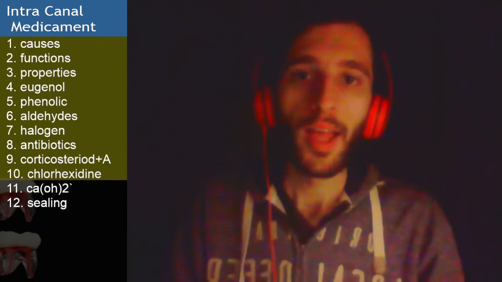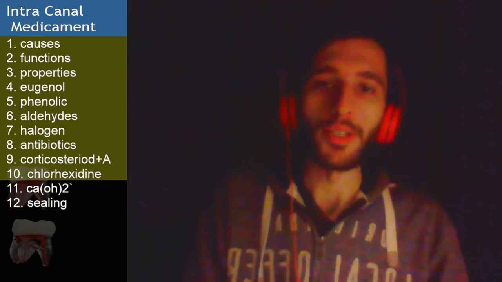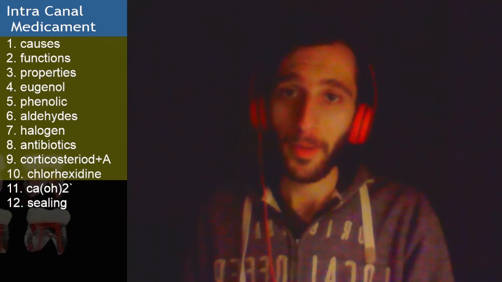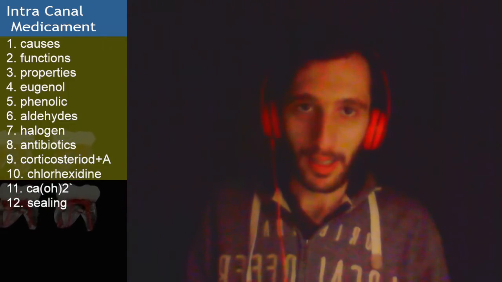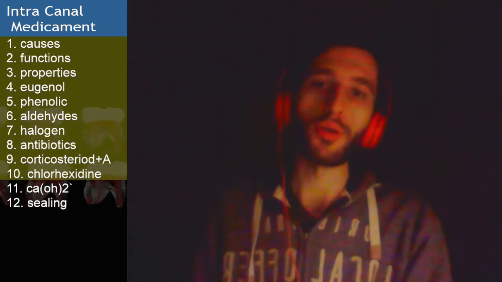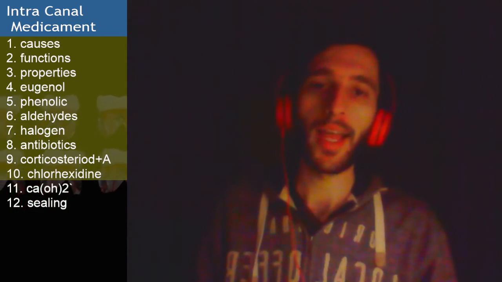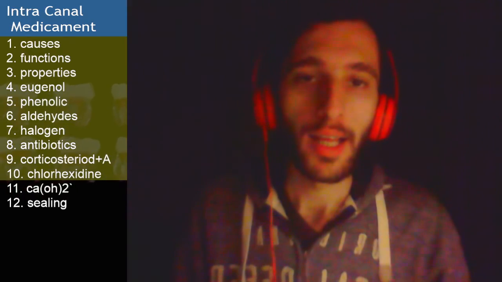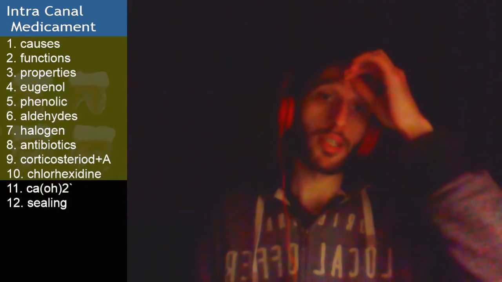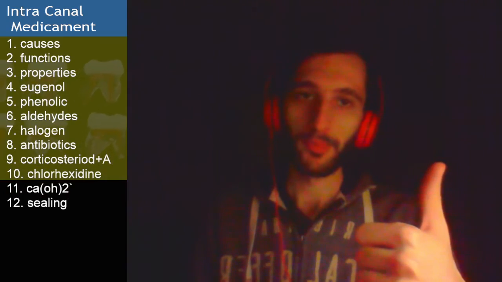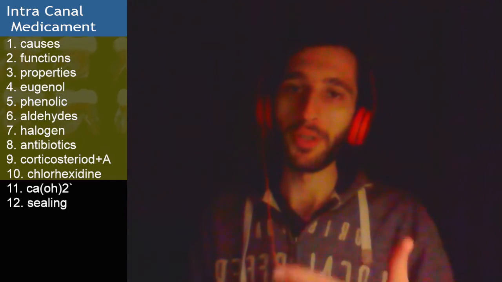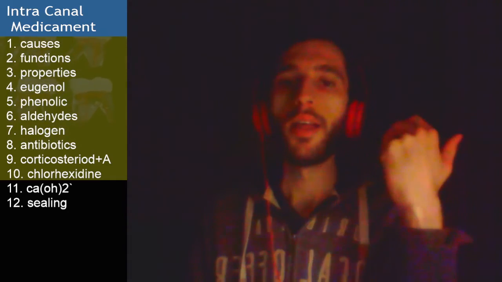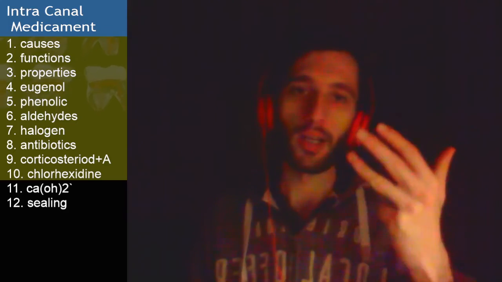Again, when we use chlorhexidine as gutta-percha points, and these points, not paper points, they consist of chlorhexidine and of course gutta-percha, zinc oxide eugenol, BaSO4, and coloring agents.